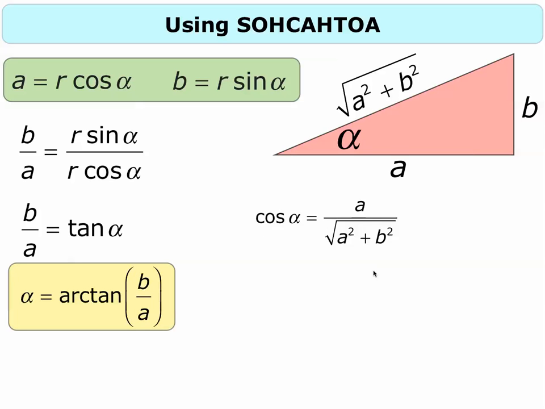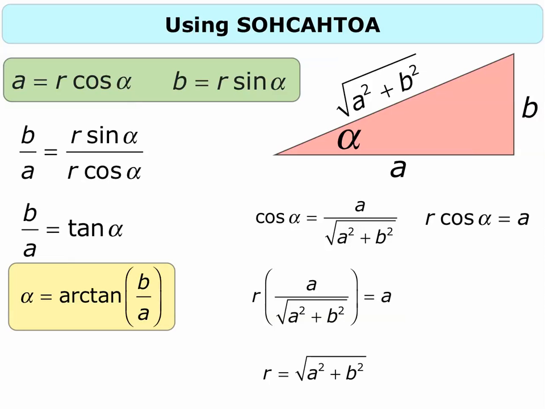And cosine alpha is in this equation, so I'm going to replace cosine alpha in here to give me this, rearrange it by multiplying by this and dividing this by this to get R is equal to the square root of A squared plus B squared.